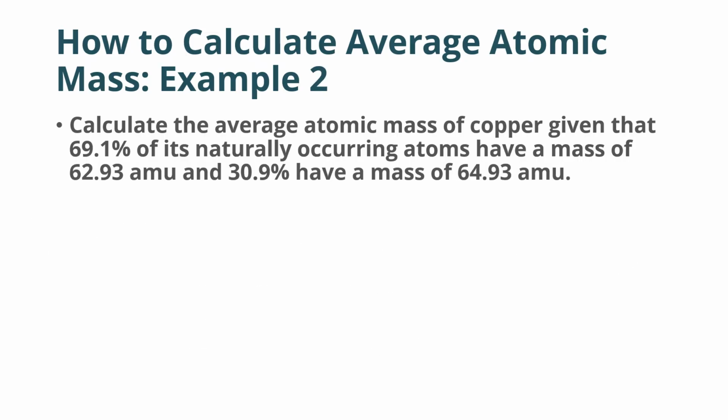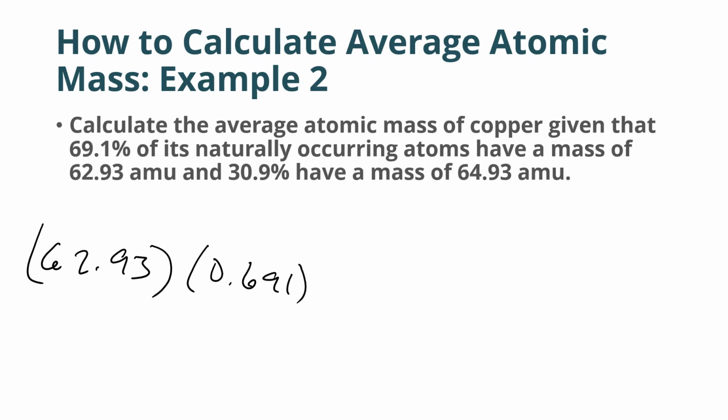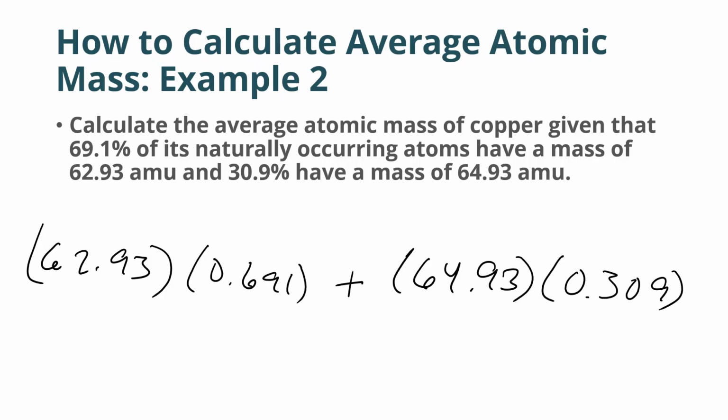Example 2: average atomic mass of copper. It gives you percentages and the AMUs, same concept. So 62.93 AMUs times 0.691 plus 64.93 times 0.309.